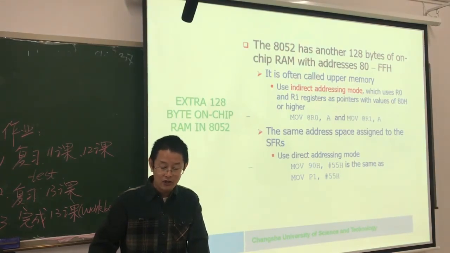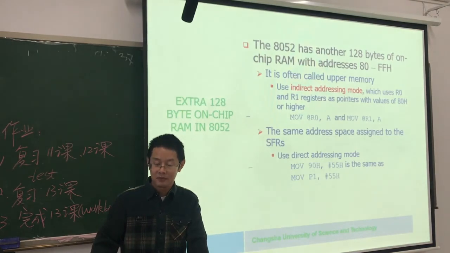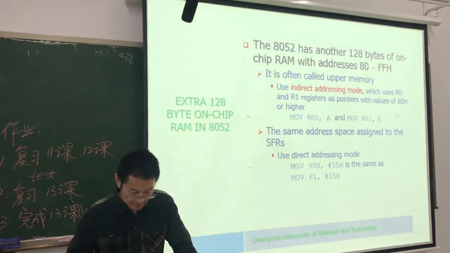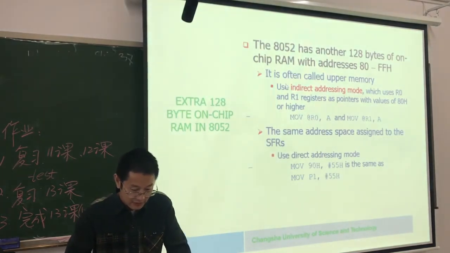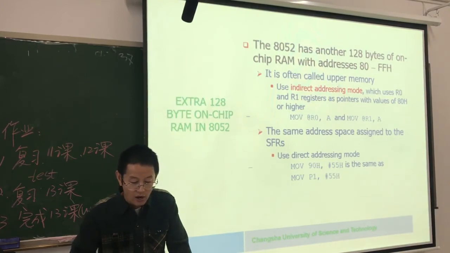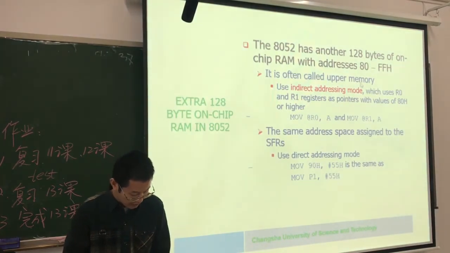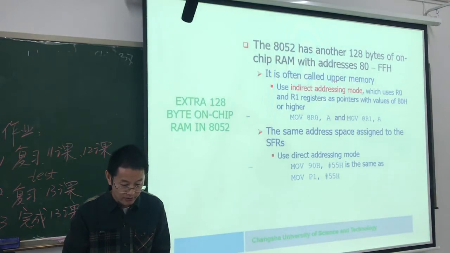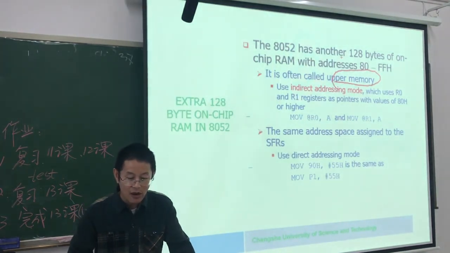So if you use the 8052, you can use more RAM. It is often called upper memory. You can call it another 128-byte memory.